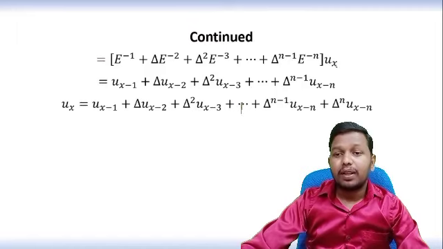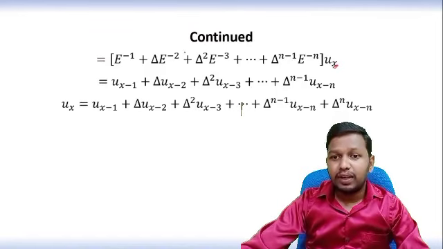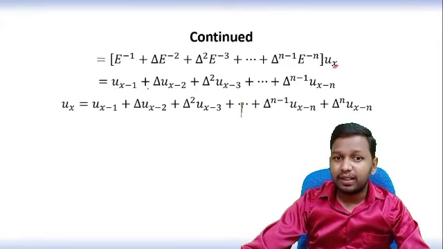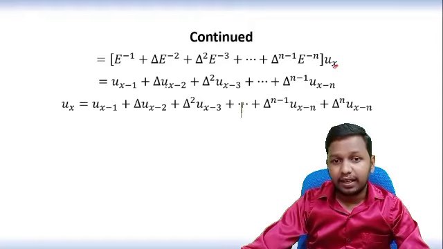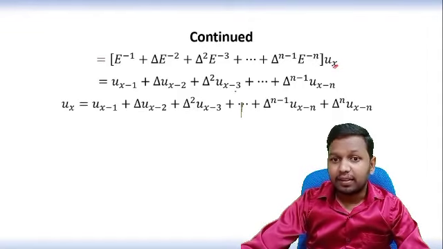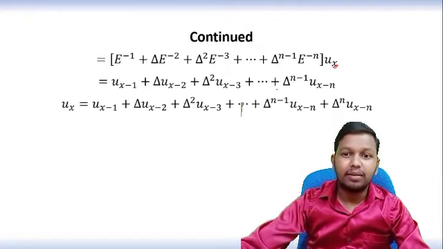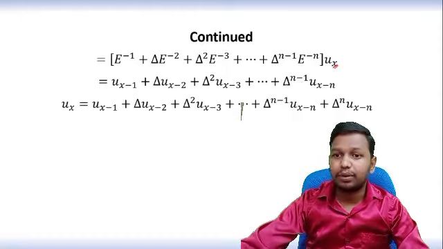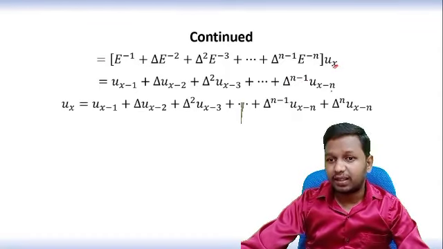So apply outside u of x with shift operator E, we get u of x minus 1 plus delta u x minus 2 plus delta square u x minus 3 plus and so on delta to the power n minus 1 u x minus n.